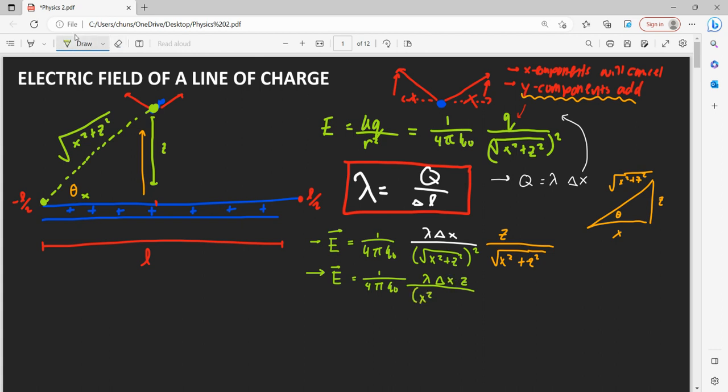And that's over x squared plus z squared to the power of 3 over 2. So that is our equation, if we were to measure in the middle of a length of charge from point P of distance of height z and change in length equal to x.